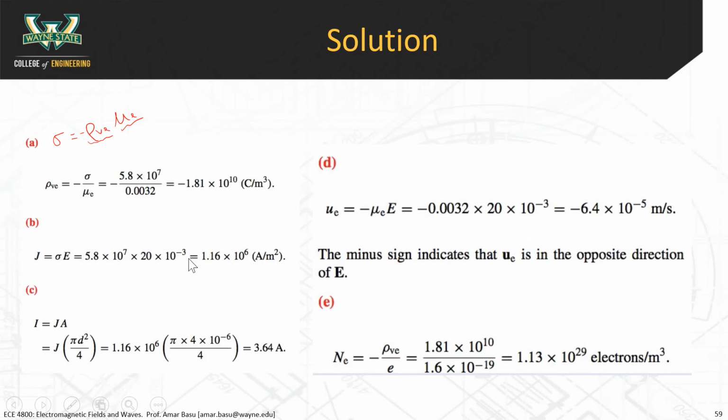The electric field is 20 times 10 to the negative 3. Where is this negative 3 coming from? This is 20 millivolts per meter, so this is equal to 20 times 10 to the negative 3 volts per meter, which is the MKS units for electric field. Multiply these two together, you get 1.16 times 10 to the 6th amps per meter squared.